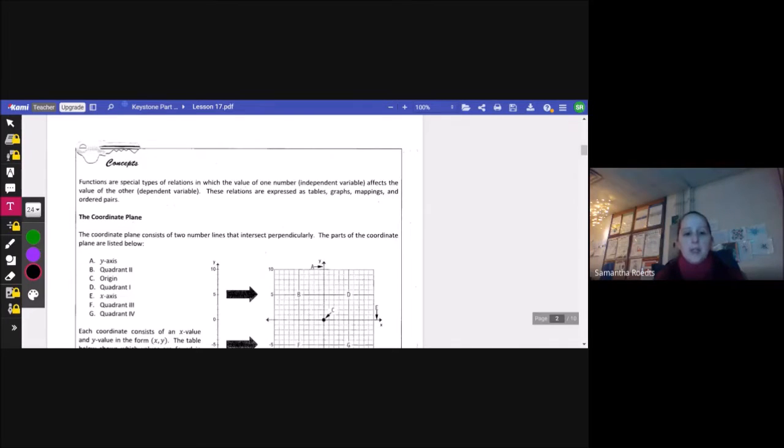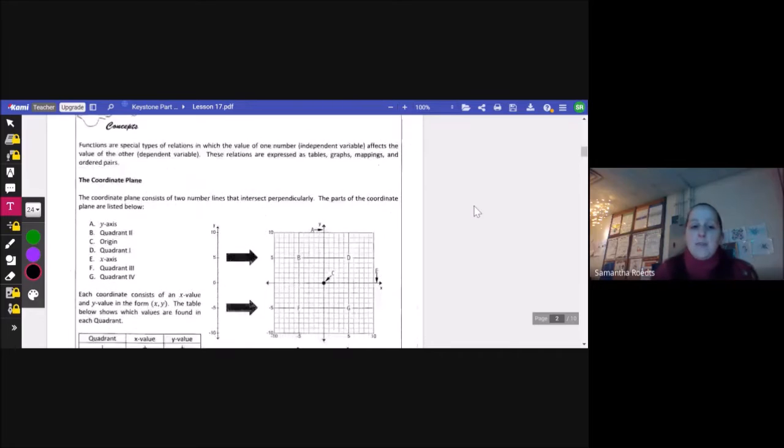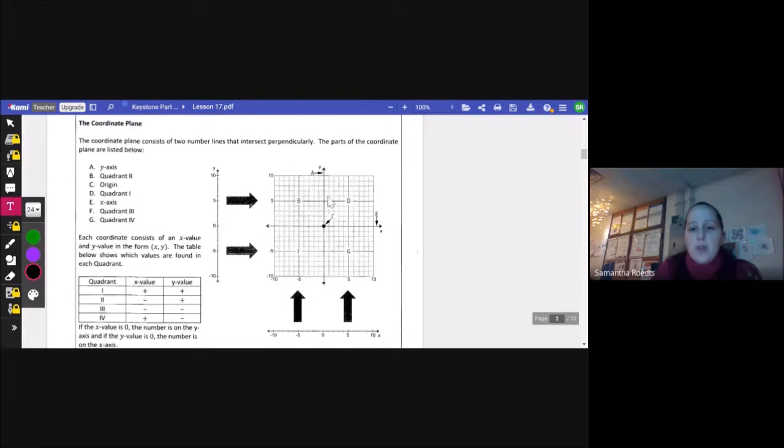So the coordinate plane consists of two number lines that intersect perpendicularly, which means they intersect at right angles. The parts of the coordinate plane are listed below. So this is the y-axis. Here's the y-axis right here.